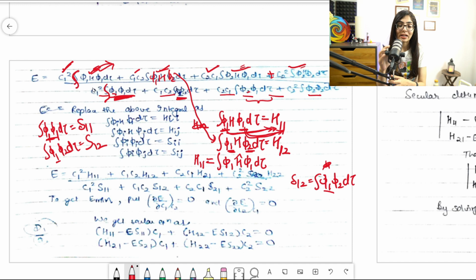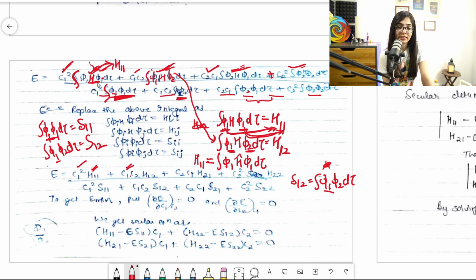Now I'll replace all these things, whatever was written over here, with h11, h12, s11, s12. This is c1 square, okay, I have written. This term has h and phi 1 is there, so this is h11, I'll write h11. Here again c1 c2 is there, so I have written c1 c2.